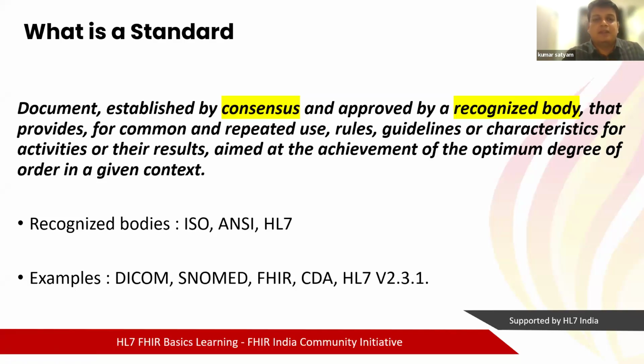So that's what a standard is. In short, a standard is something which is driven by consensus and built by a recognized body. Like, for example, in our case UPI, which I think was developed by NPCI, right? And it is a consensus and being used across.